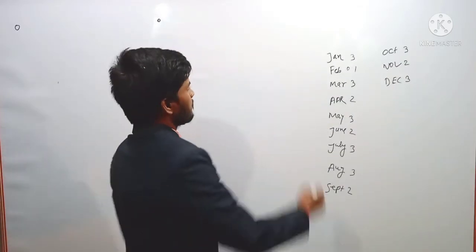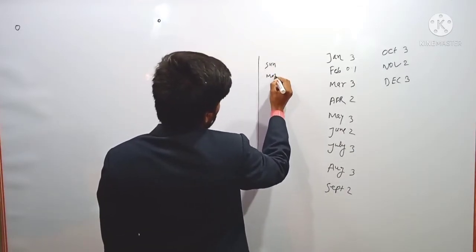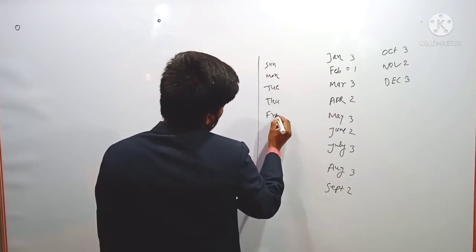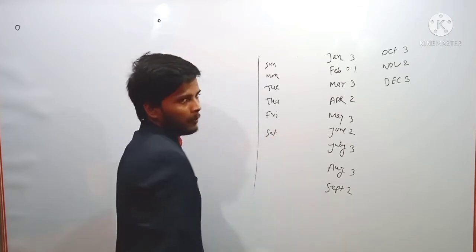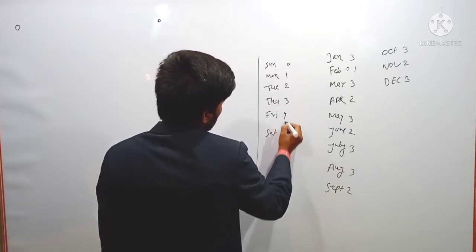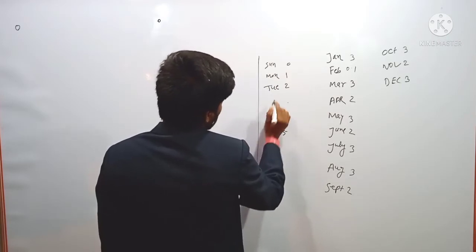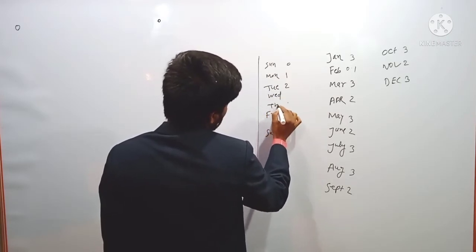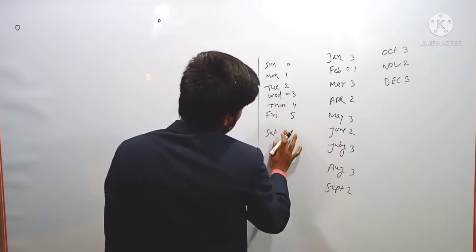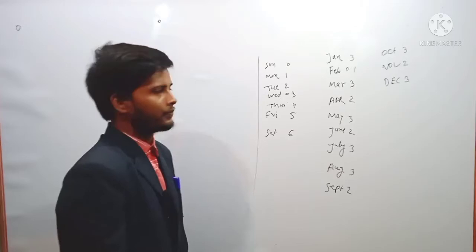Okay. Then in days, Sunday, Monday, Tuesday, Wednesday, Thursday, Friday, and Saturday. There is some code like 0, 1, 2, 3, 4, 5, 6. Okay.